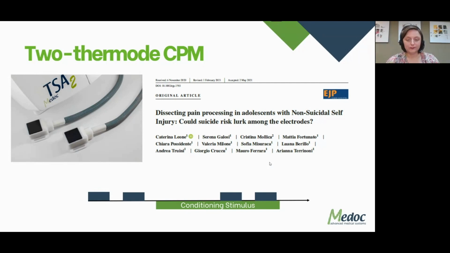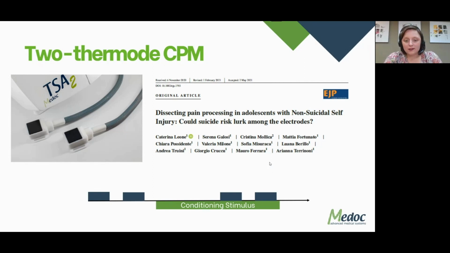So you apply a test stimulus on one body side, you ask the patient or subject to rate it, and then you apply the same test stimulus in combination with another painful stimulus, the conditioning stimulus, and you ask them to rate the test stimulus again, and you see that there is a reduction in the pain perceived from the test stimulus. This delta is the CPM effect. It reflects the inhibitory pathways.